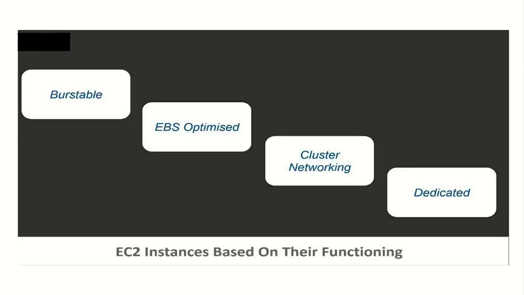Now what happens there is we are charged a particular amount for these instances, and we have certain credits which we can use for the burst performance, and if we do not use the burstable performance, those credits can be used later as well.